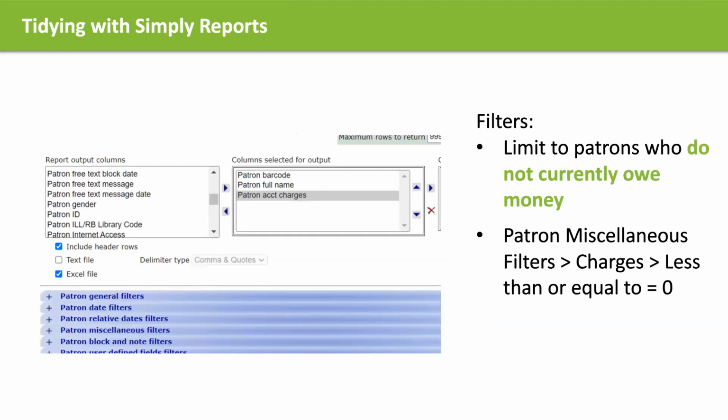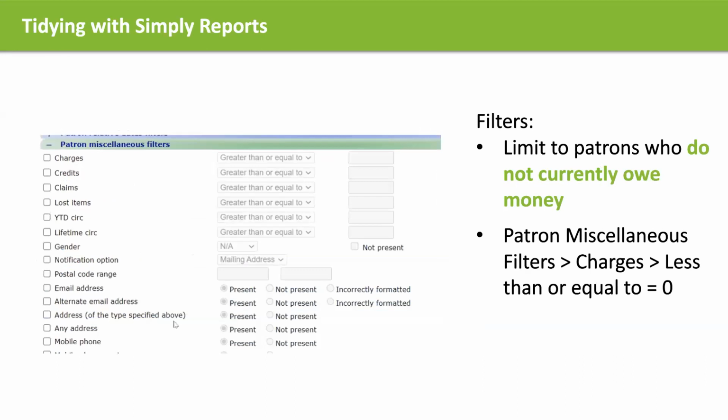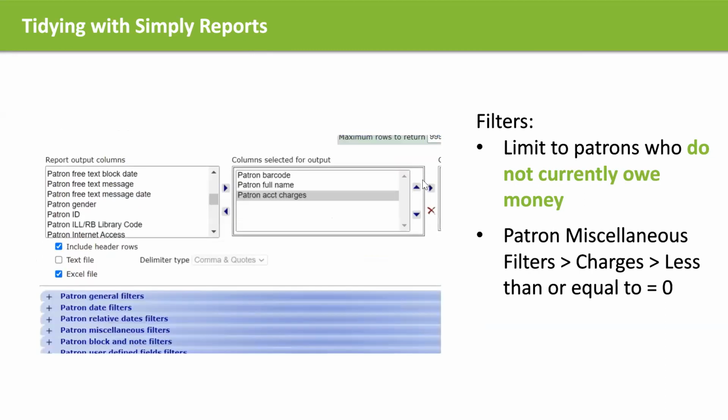Next, let's look at the patron miscellaneous filters section. One filter here allows you to specify charges, or how much the patron owes on their account. And we can use this to limit to patrons who have zero balance by changing the filter option to less than or equal to and entering 0 in the amount field.